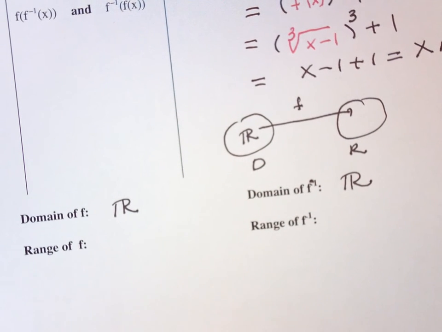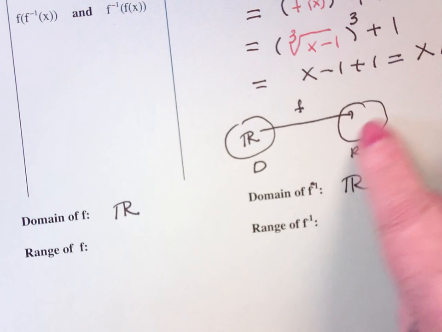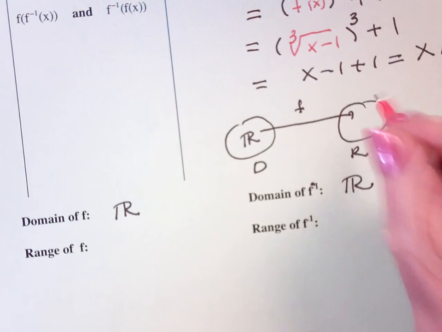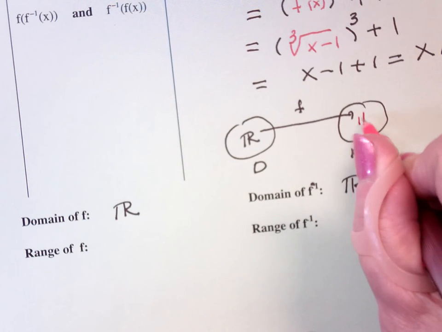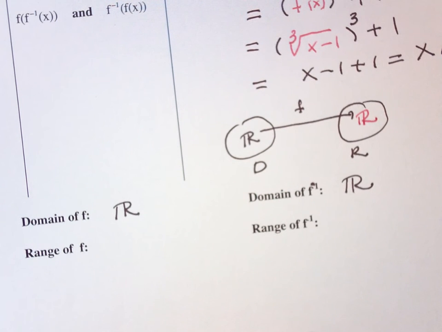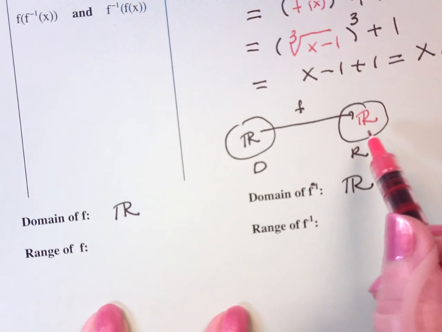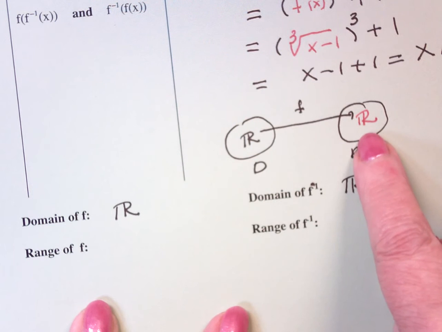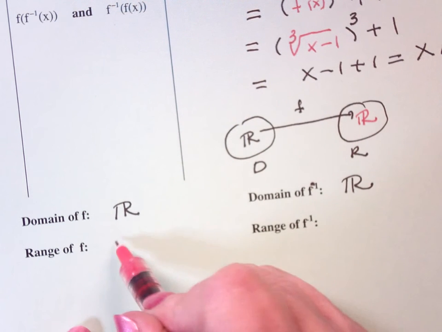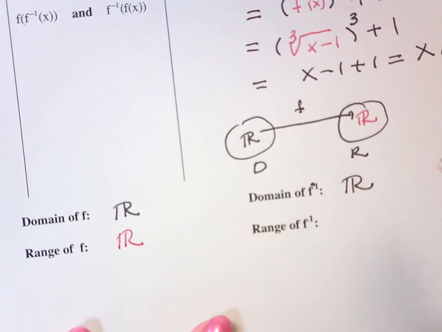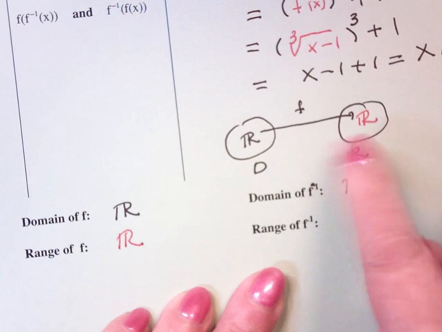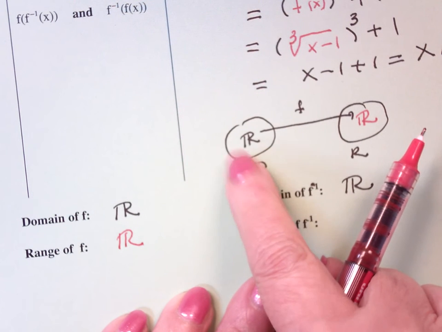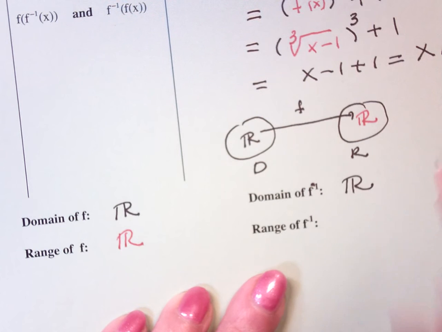And the inverse takes whatever is there back to here. And what do we know the domain of the inverse is? So that says, what's the range of the function? Well, the range of the function is all real numbers. And the range of the inverse is over here. It's all real numbers.